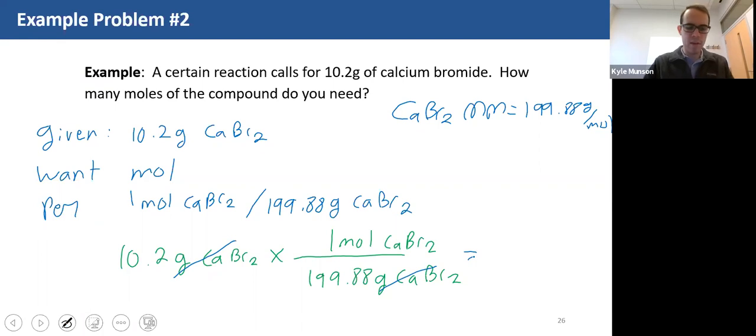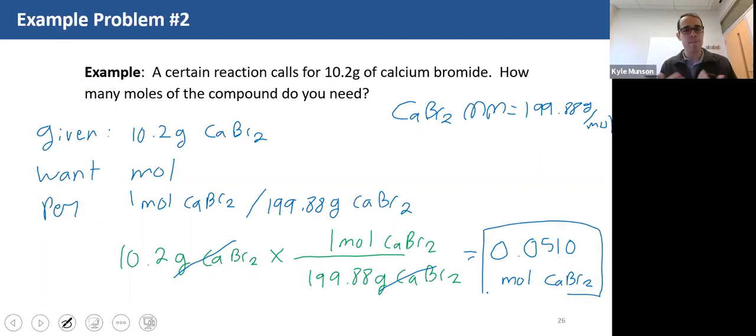And when you plug that in your calculator, you get an answer very similar to the one we had before, 0.0510 moles calcium bromide. Like I said, there's plenty of examples that we're going to do in this video, so this should become more familiar to you, how we're doing these problems.